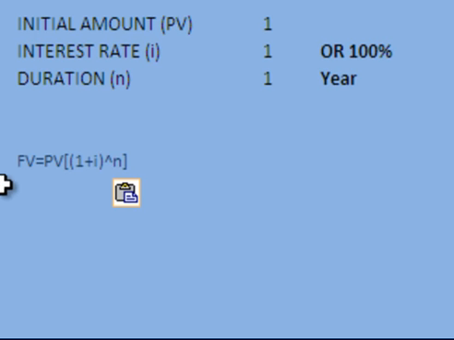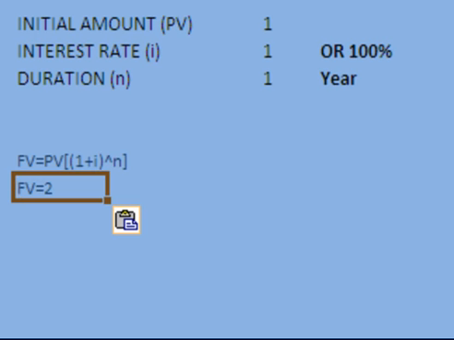Now if we put the value of interest, which is equal to 1 in this case, and the duration n is also 1 year, the future value of $1 would become equal to 2. So this is a simple case where we are compounding the interest once in a year.